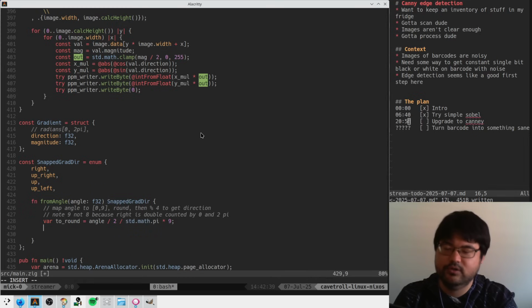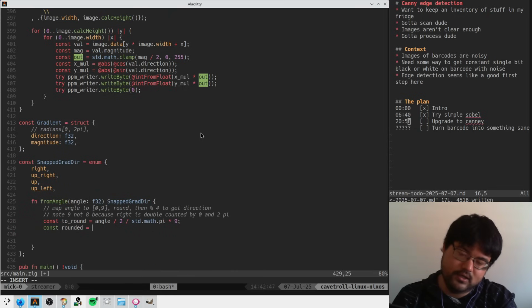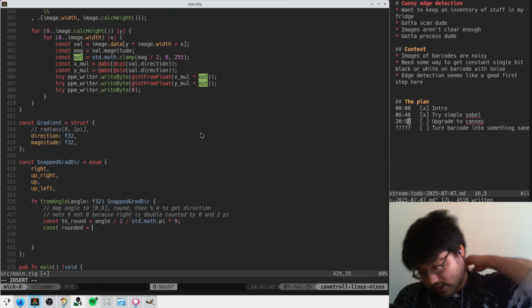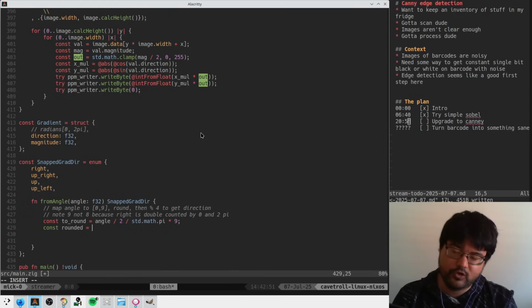To round, and then we do like, I don't know. Rounded is... round to round, and then there's like int from float.